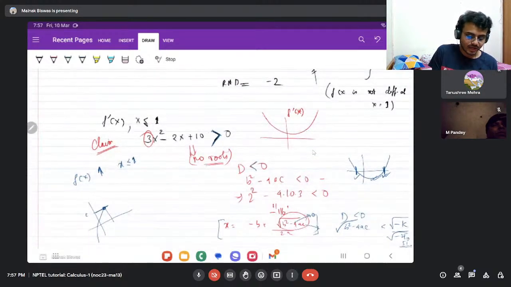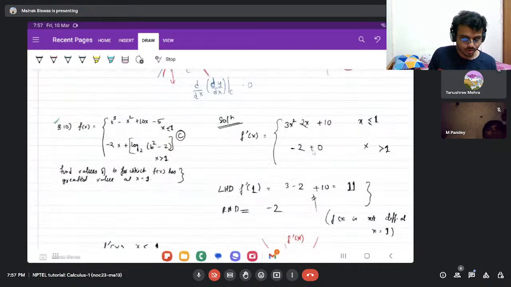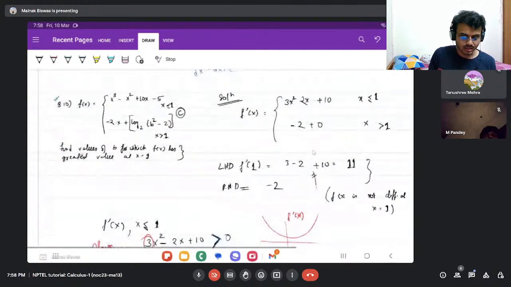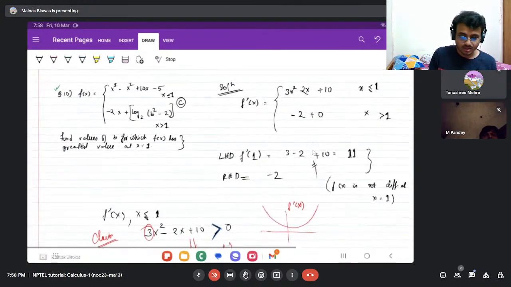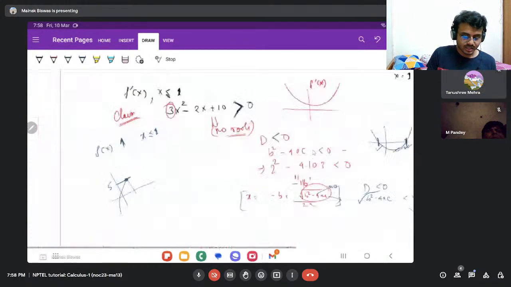It increases to 5. Why? So you just put the value of f of 1, I think it is 5. So f of 1 is 1 minus 1 plus 10 minus 5, which is 5, right? Yes, sir. So it increases up to 5.